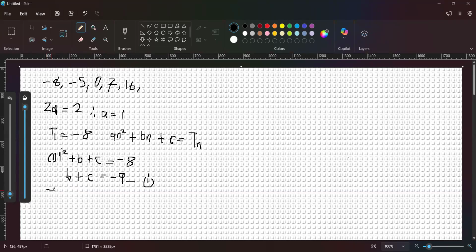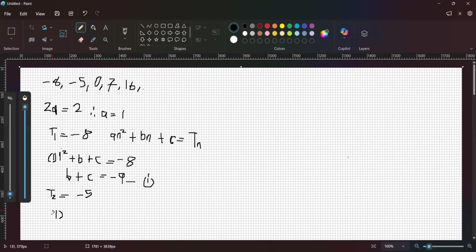T2. So the same thing we did with that T1. T2 will be equal to minus 5. That's the second term. But then let's now look at what the general formula is. The general formula is also going to start with A, which we already know is 1.